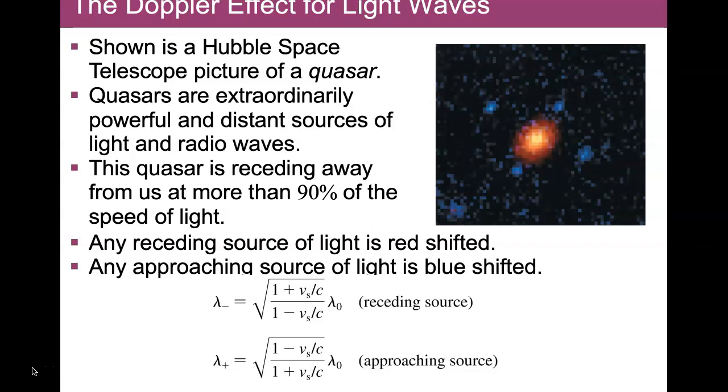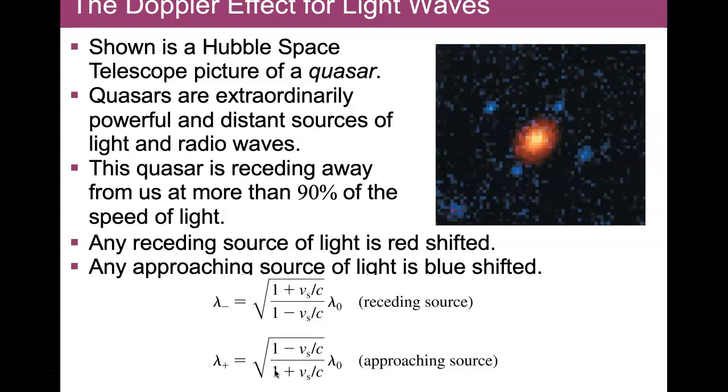Now, here are the expressions for light. So again, qualitatively, it's the same kind of phenomenon. If you have a source of light that's moving toward you, approaching you, that implies that you measure a higher frequency and a smaller wavelength.